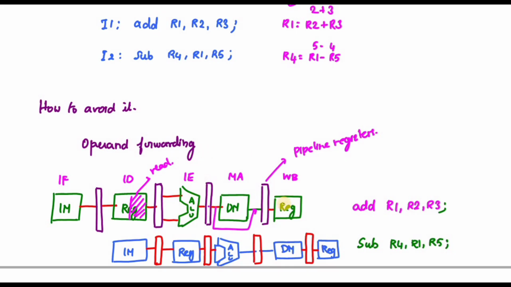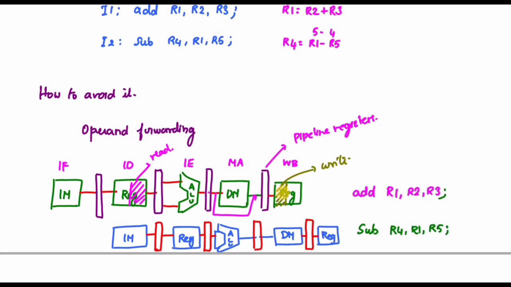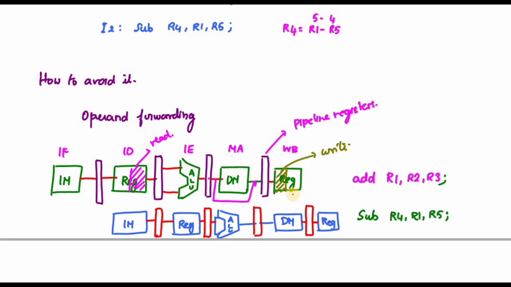After that it will get added and written into this register. If there is a dash mark at the left hand side, it is called write. Only after this stage will you get the value of R1.